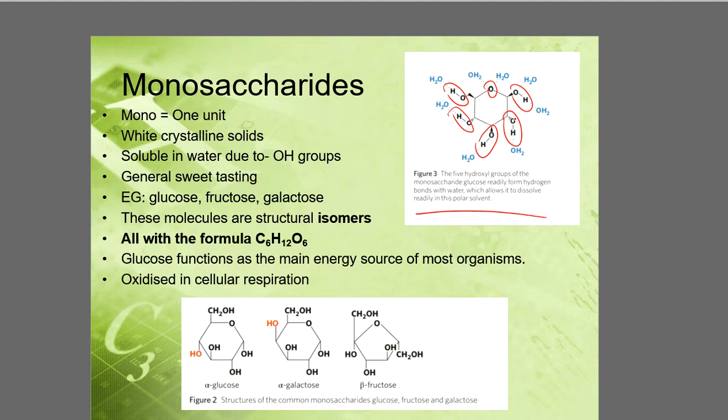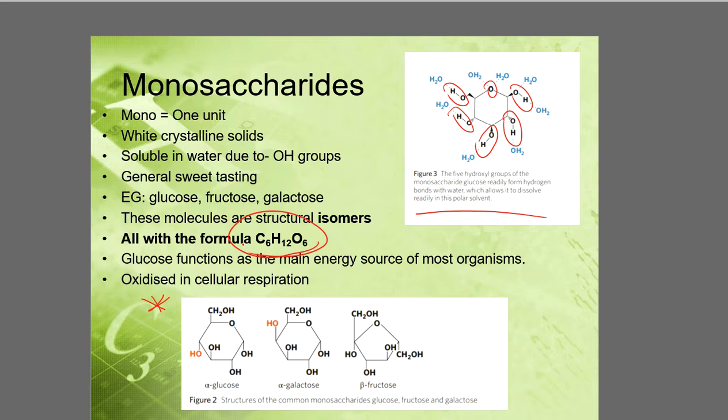So there are three monosaccharides: glucose, fructose, and galactose, and each of them is shown down here in this diagram. You'll see their structures do look a little bit different. Glucose and galactose are very similar, but what's really important, and you can count up your atoms if you need to, is that they all have the molecular formula C6H12O6.